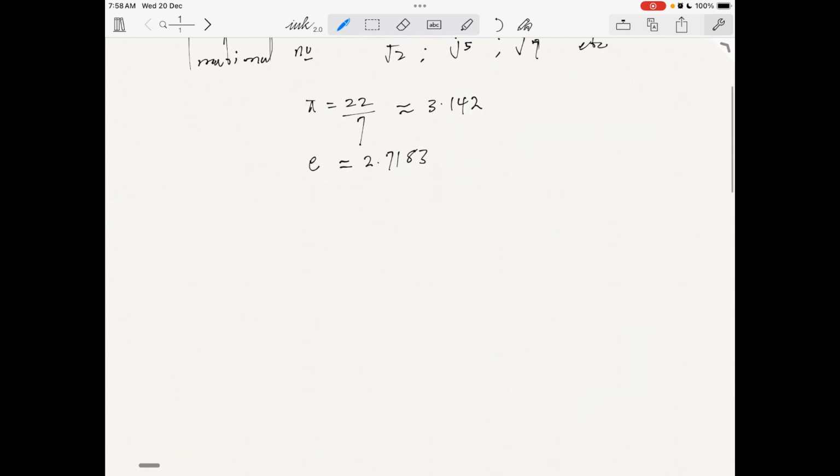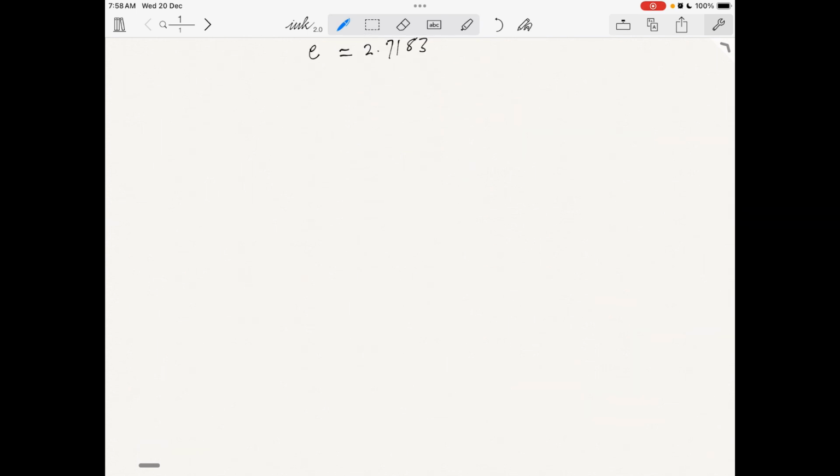So the rules of surds generally: we have two basic rules of surds. Root a multiplied by root b is equal to root ab, and root a divided by root b is equal to root of a over b.